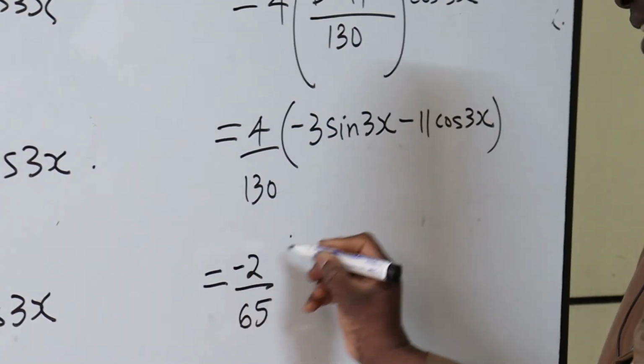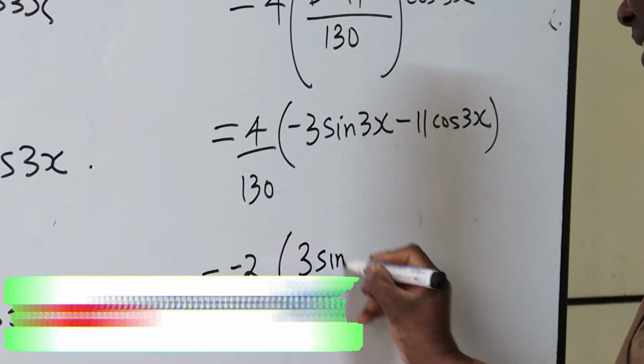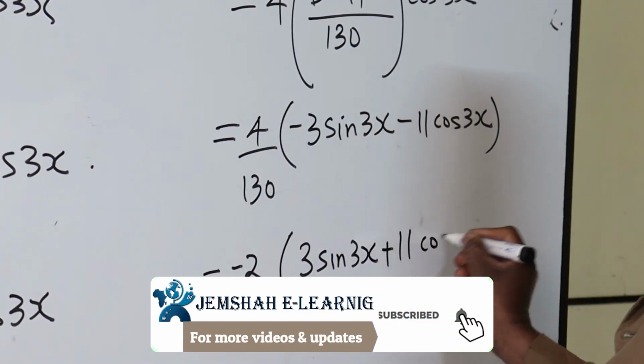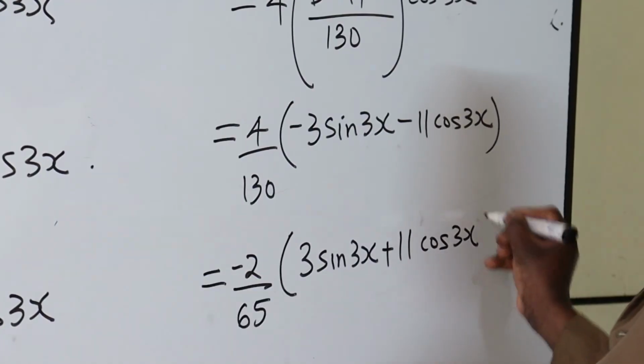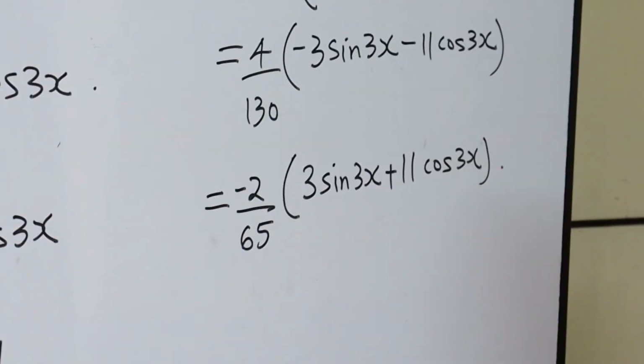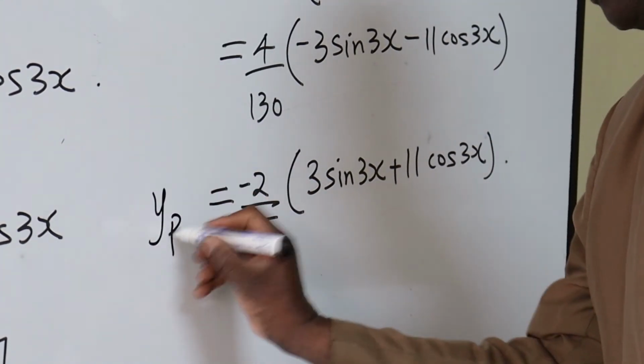We can put a negative out, and then we have 3 sin 3x plus 11 cos 3x. So this is our yp.